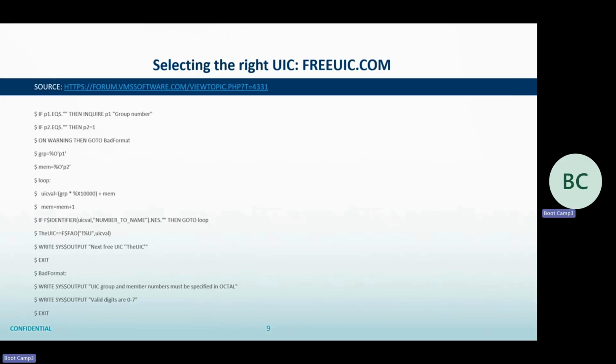However, I did have from that system a relatively recent full listing from the UAF file. So I hunted around, thinking surely somebody has written a bit of DCL to take a full UAF listing and turn it back into commands to recreate the accounts. No, we haven't. So I wrote something to do that.